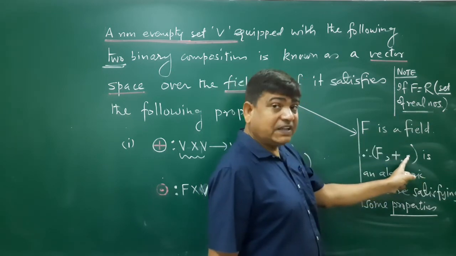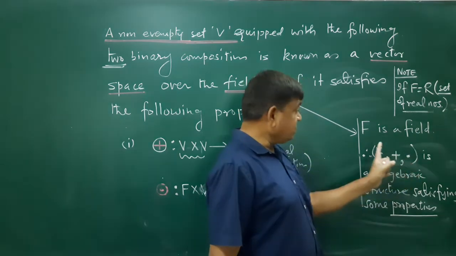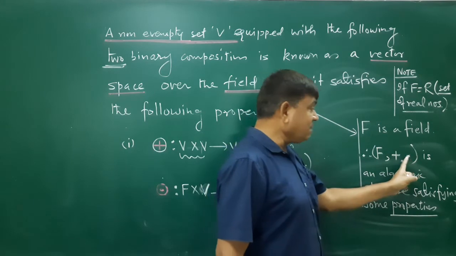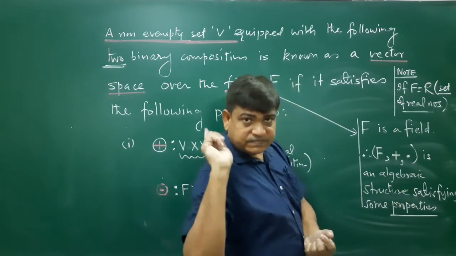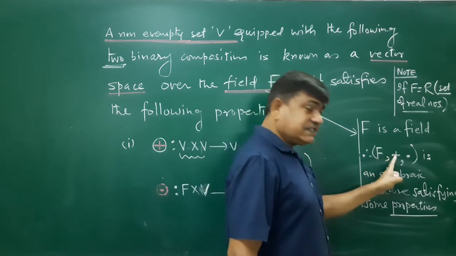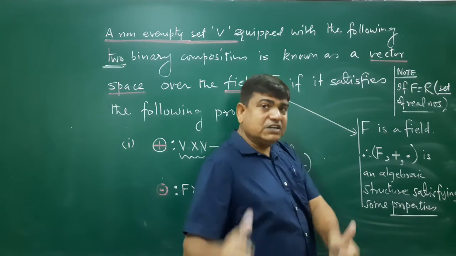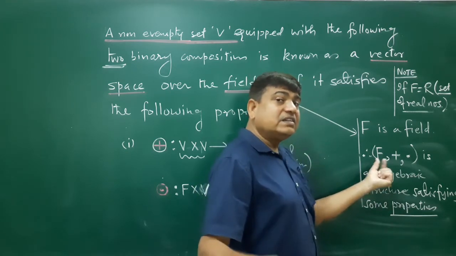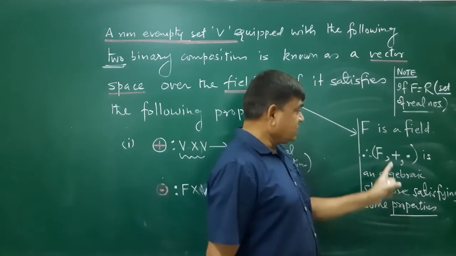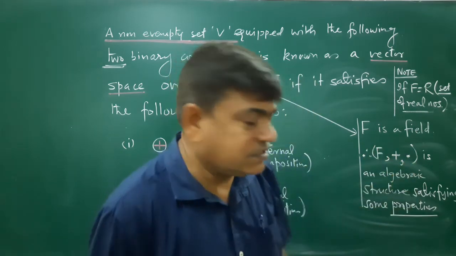Second one, multiplication, that is ordinary multiplication. The multiplication of two scalars is again a scalar. So this plus is the addition symbol, this dot the multiplication symbol. F has numbers, that is scalars. So it is the sum of two scalars and the multiplication of two scalars.